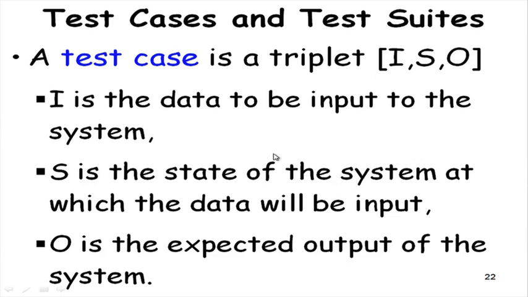So, we can say that a test case at the minimum is a triplet: I, S, O. I is the input, the test data, S is the state of the software at which the input is to be applied, and O is the expected output.